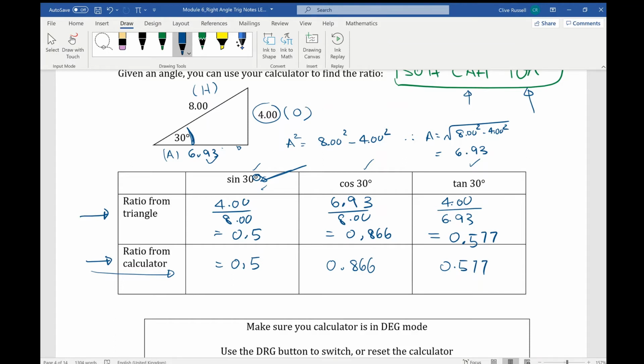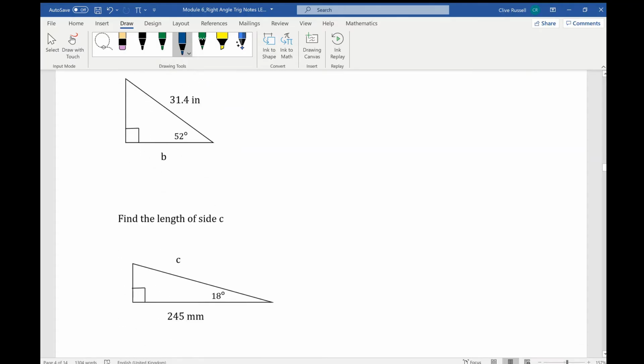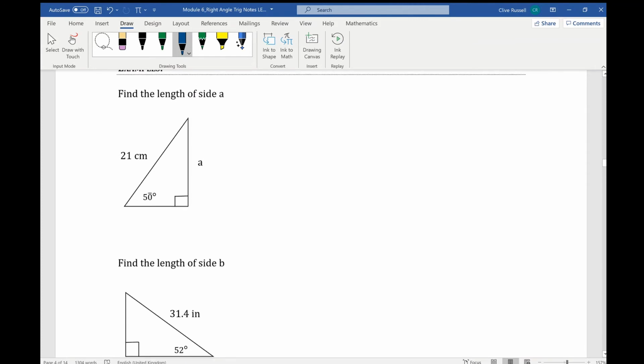Right? So now we're going to be looking at 3 examples involving using the trigonometric ratios. So if you go back to the introduction, we're in 3a.